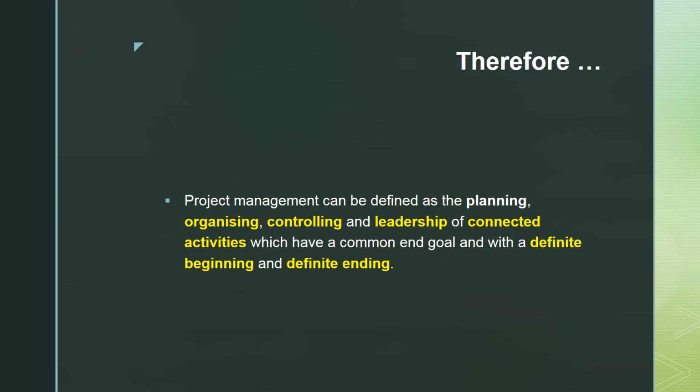Okay, let's go over again. Project management can be defined as the planning, organizing, controlling, and leadership of connected activities which have a common goal and with a definite beginning and definite ending.